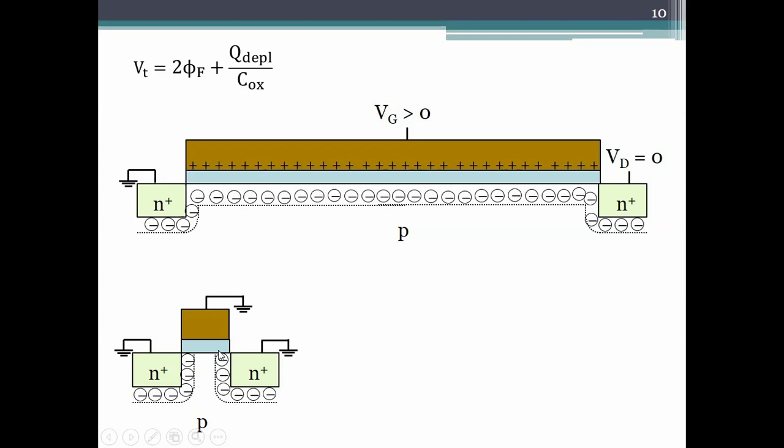So the gate voltage needs to create only about 1/3 of the depletion layer charge that would have been required if there was no source body and drain body charge. In a long channel device, this source body and drain body depletion layer charge is a very small fraction of the total charge required to create the inversion layer, and therefore it does not affect the threshold voltage.